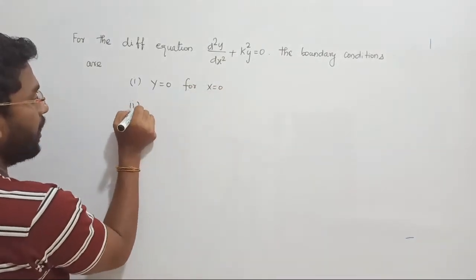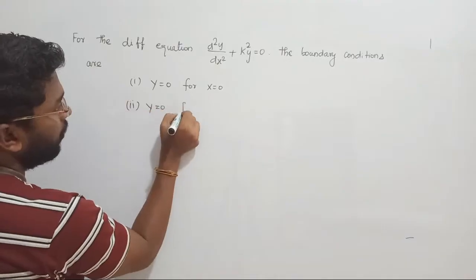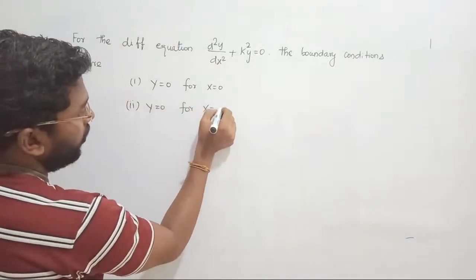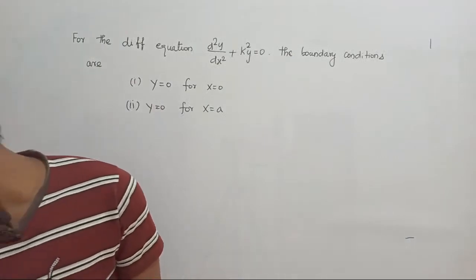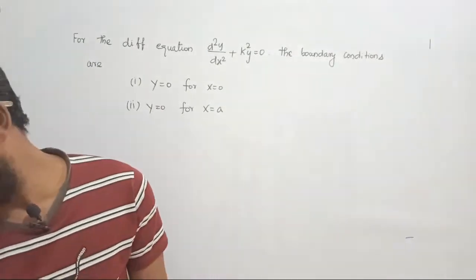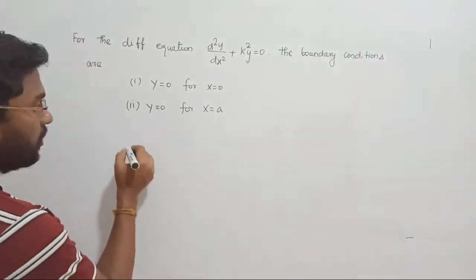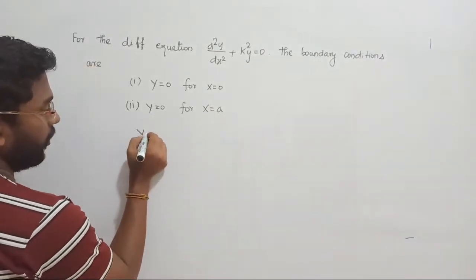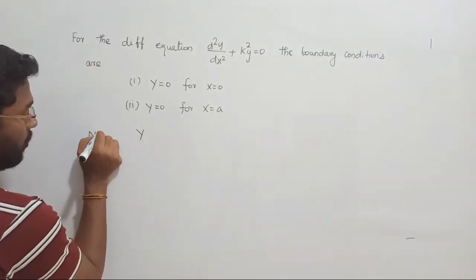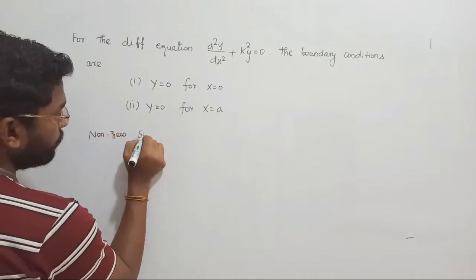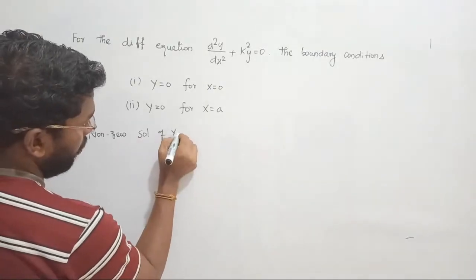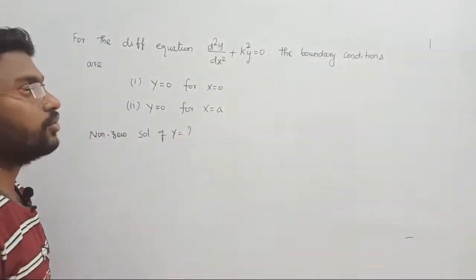Second condition, again y is equal to 0 for x equal to a. The question is, find out the form of the non-zero solution of y.